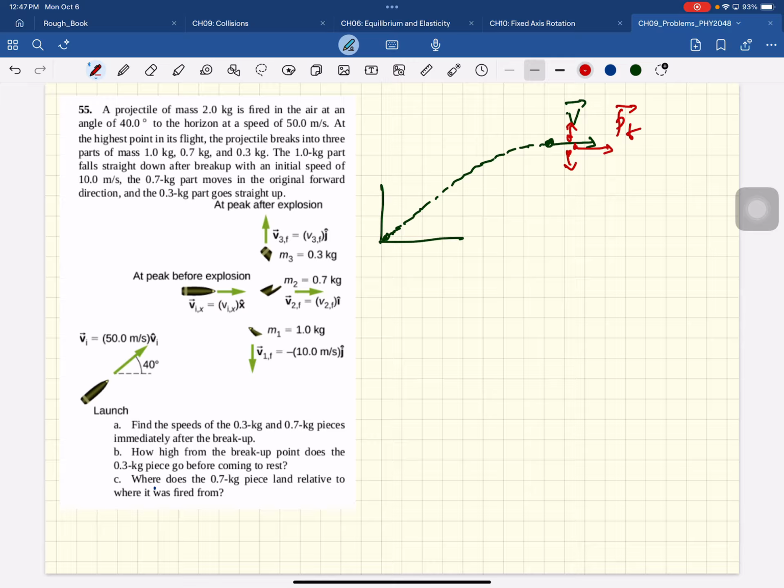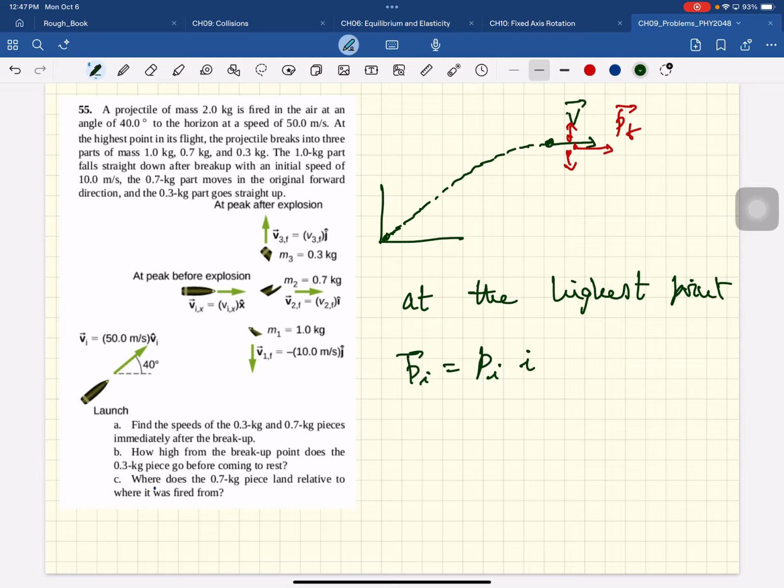So at the highest point, P initial is P initial i. There's no Y component.